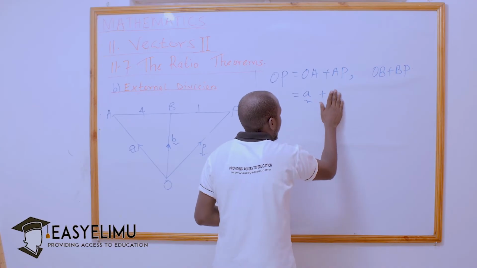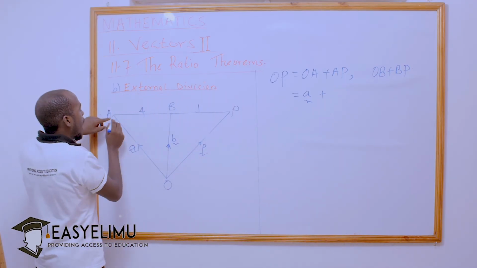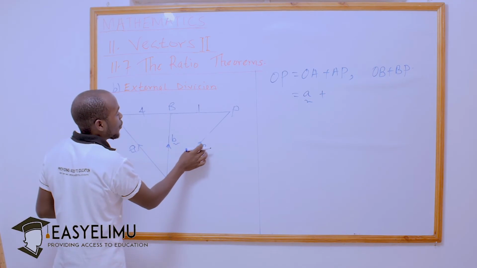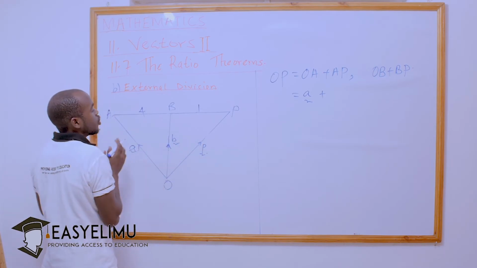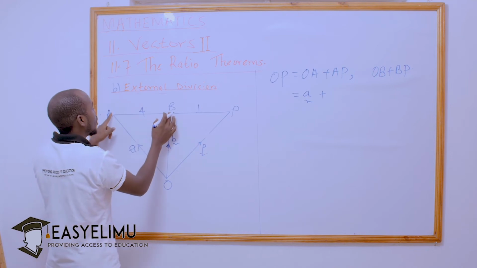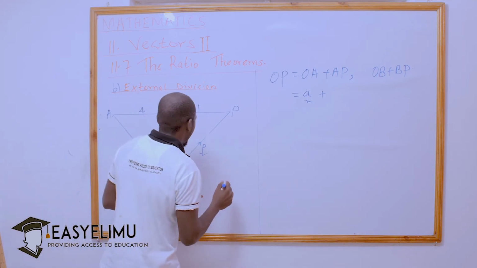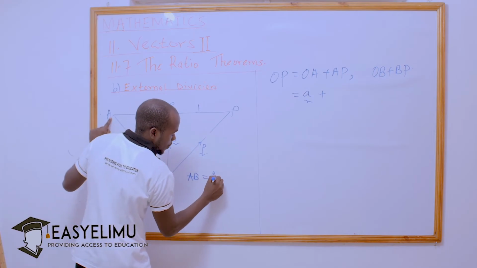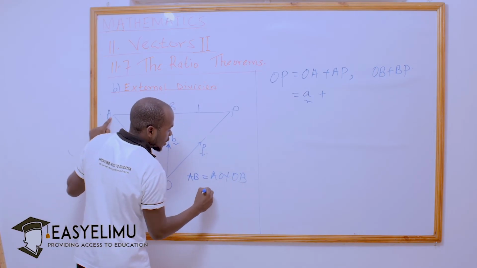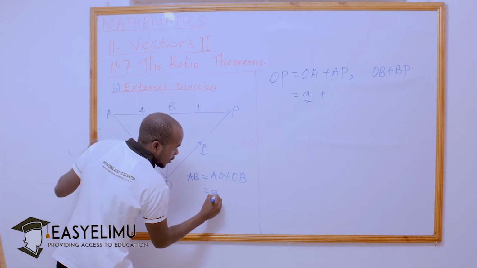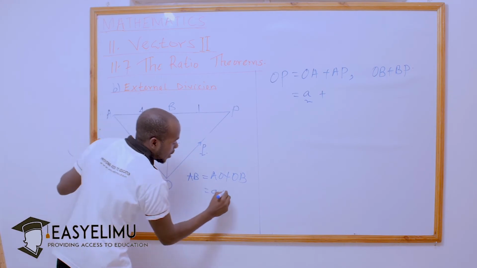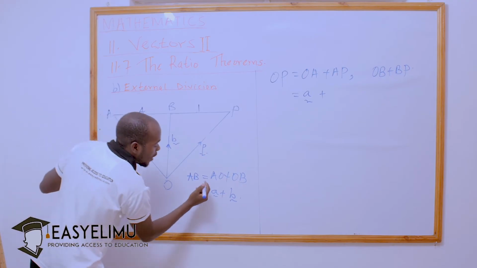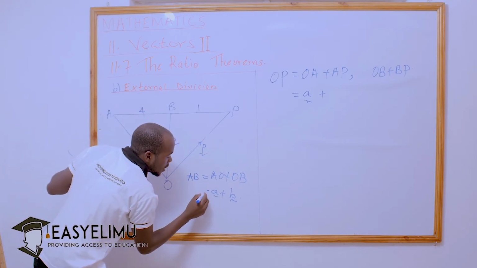Now let me work this out first for explanation. We have A to B, which are only in terms of A and B. P is not present in this A and B. So we have a total line AB, which we can calculate: AB is equal to AO plus OB, where AO is vector A and OB is vector B. But remember, AO is against the direction of the vector, so AO is the negative of that.